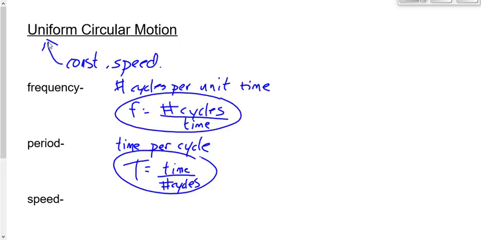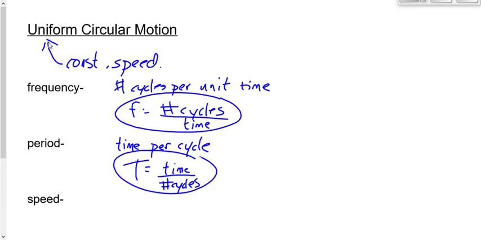Do you guys remember the unit for frequency? Not the symbol, that's F, right? The unit is hertz, good. And does anybody remember the unit for period? The standard unit, that is. Revolutions per minute would be frequency as well, although not the standard unit. Hertz or revolutions per second would be the standard unit.